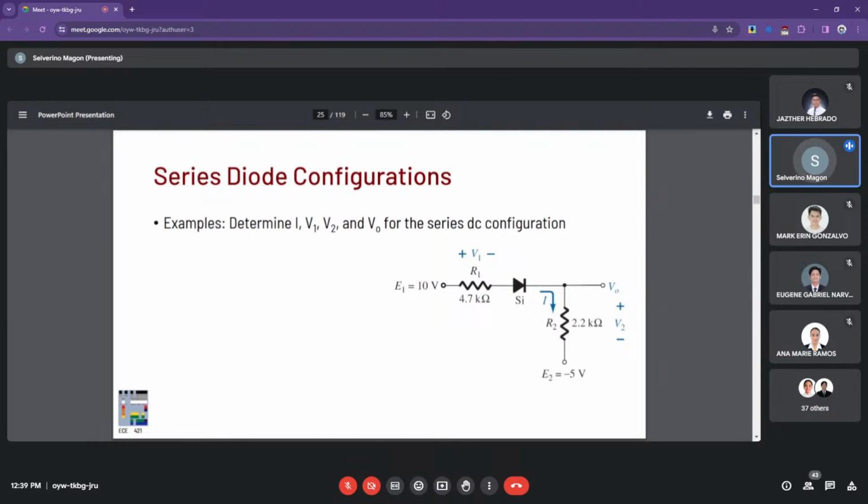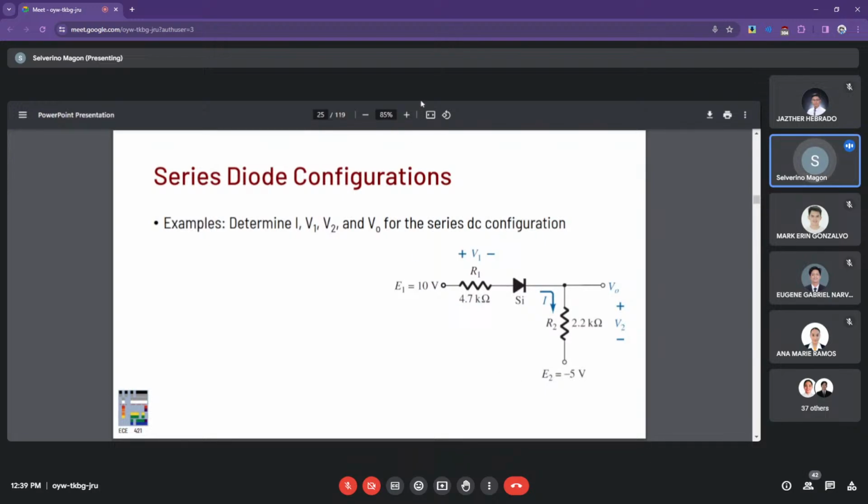Now there's another configuration that we have: input resistance R1 at 47K and load resistance R2 shunt to the output at 2.2K. The thing is, in this case, you have a negative supply here.